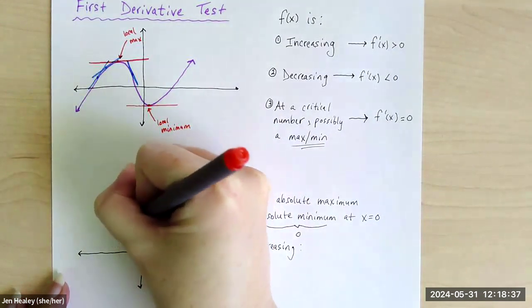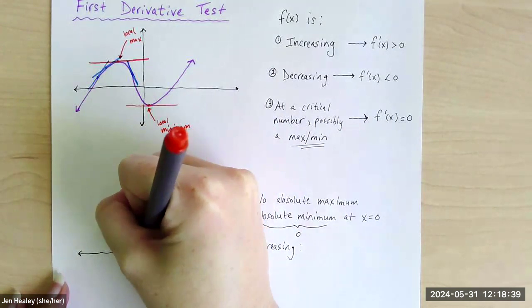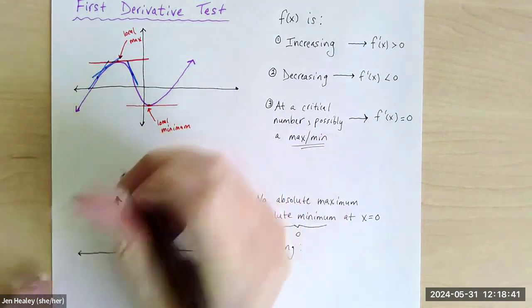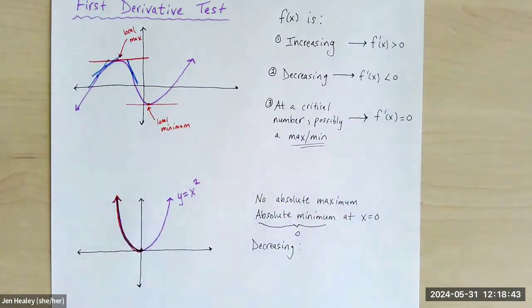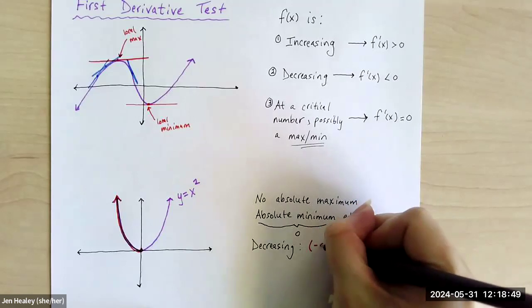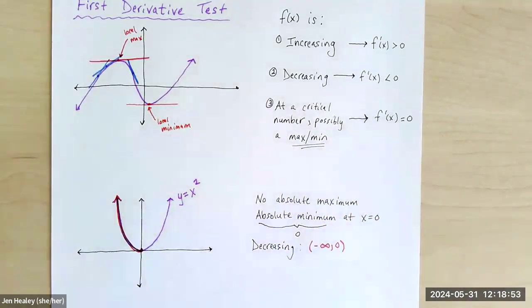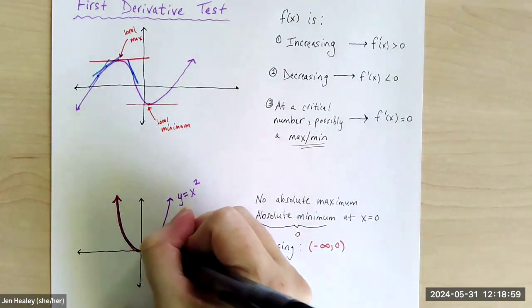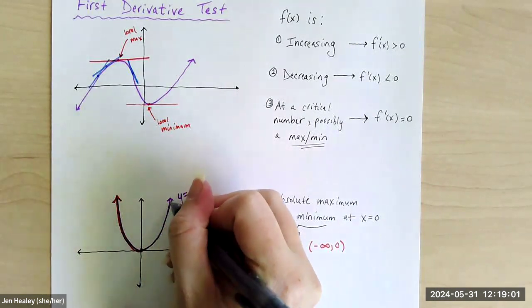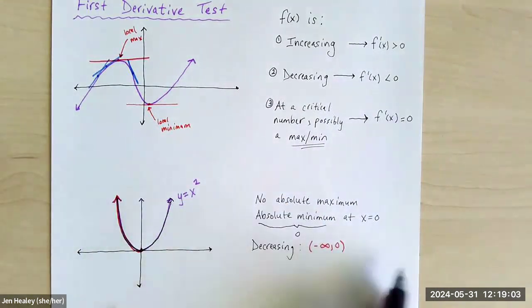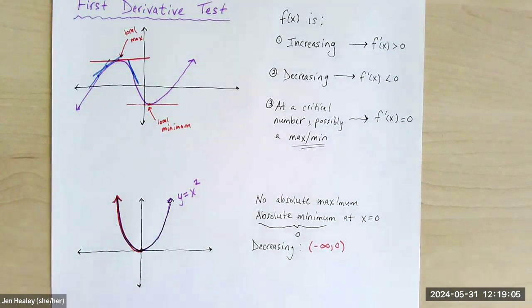Maybe we can see red better. So we're decreasing from negative infinity to 0. If I want to know where we're increasing, that happens from 0 up to positive infinity. It would eventually go out to positive infinity.